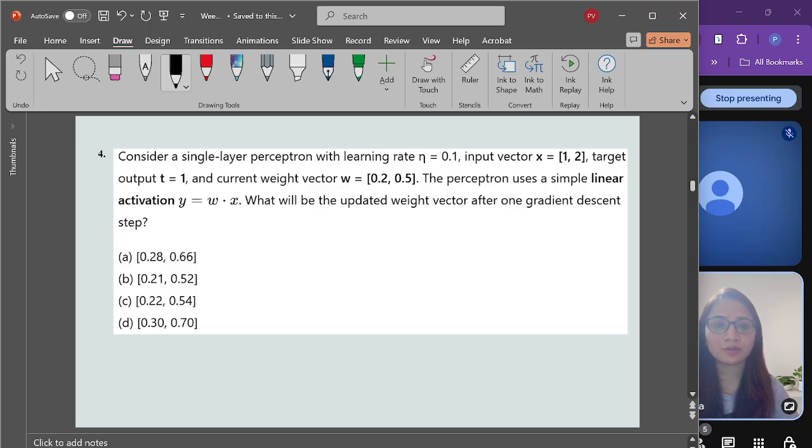The perceptron uses a simple linear activation, that is y equals w x. What will be the updated weight vector after one gradient descent step? So anyone, how to calculate this question?